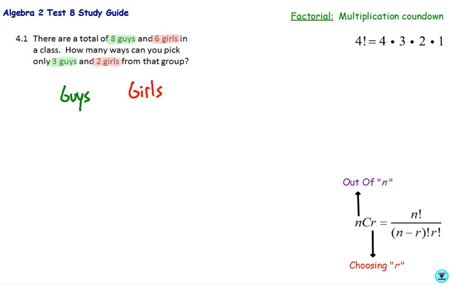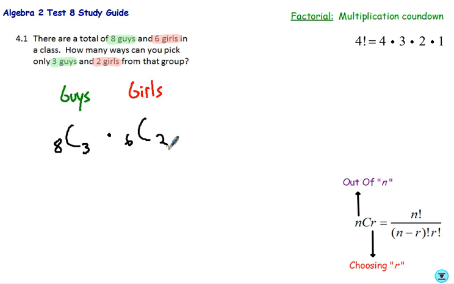So let's see here. We're going to choose from 8, because remember the first number always represents the total. So from 8, we're going to choose 3. And then for the girls, there are 6 girls, so from 6, we're going to choose 2.